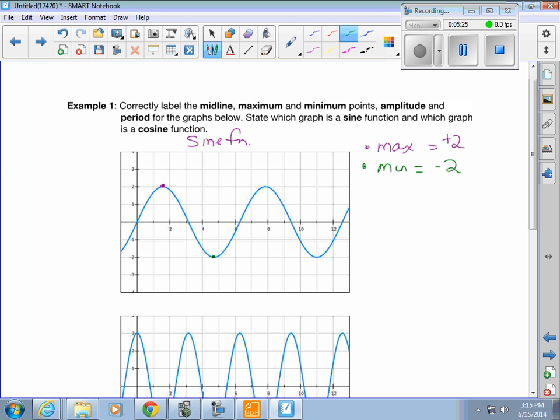Our midline then is taking our maximum plus our minimum and dividing them by 2. So I have 2 plus a negative 2, which equals 0 over 2, so it's at 0. So this is my midline going through there.